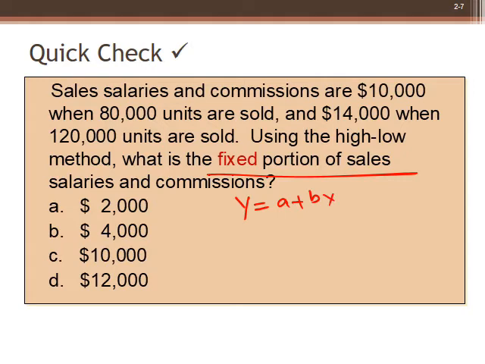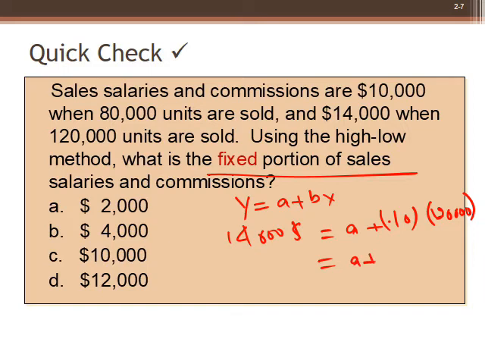Take one of the costs, for example $14,000. We leave a as the unknown, and then we have the variable cost 0.10 and the activity 120,000.